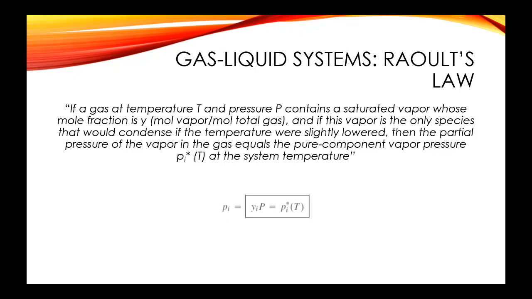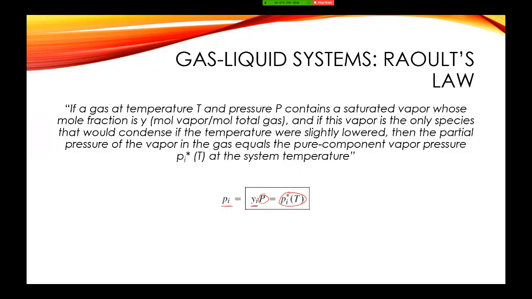So this equation is this: the partial pressure of the component that can be condensed, Pi, is equal to the molar fraction in the gas phase, the vapor phase, of that component, times the total pressure of the system, or atmospheric pressure, and that will be equal to the vapor pressure of that substance at that system temperature.